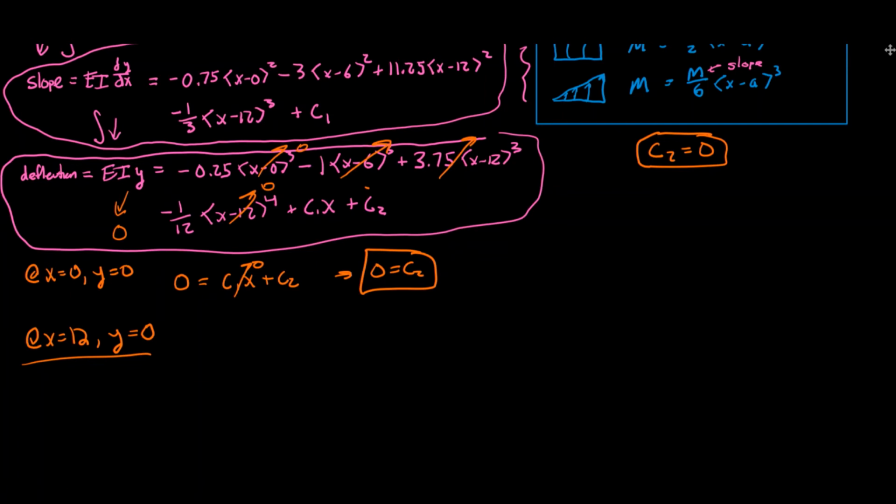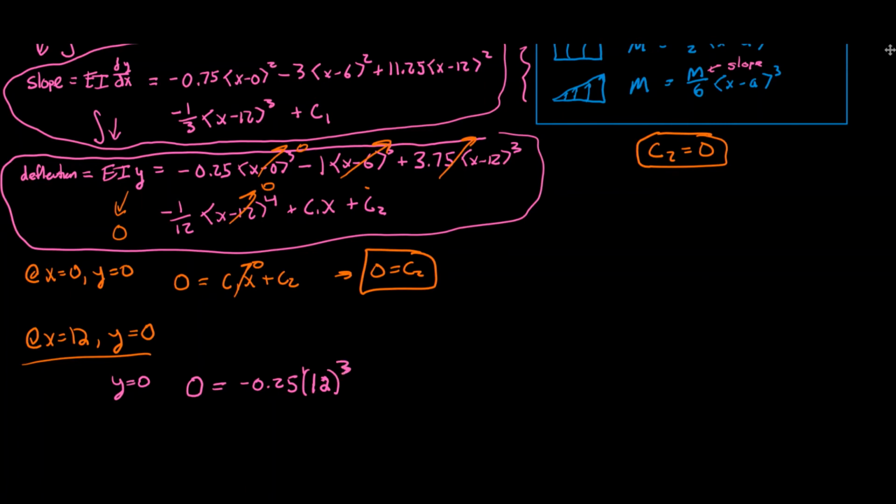So if we take this equation down here, since y equals 0, we're going to have 0 on the left side equal to negative 0.25 times x minus 0 to the third, but since x is going to be 12, we're just going to have 12 to the third power.